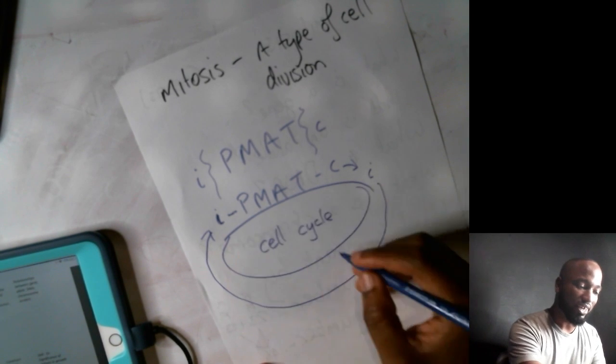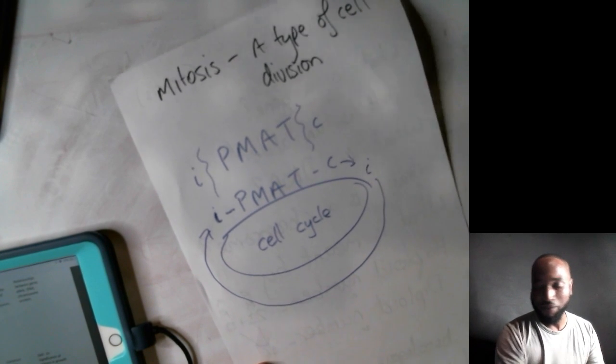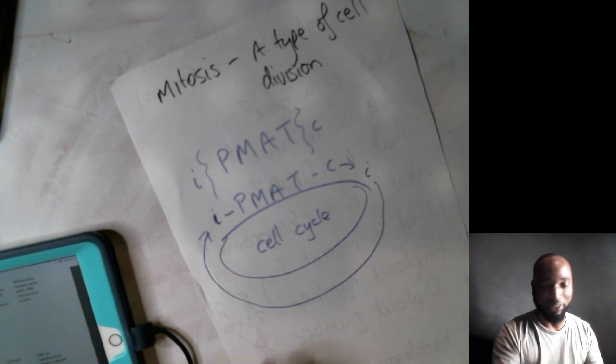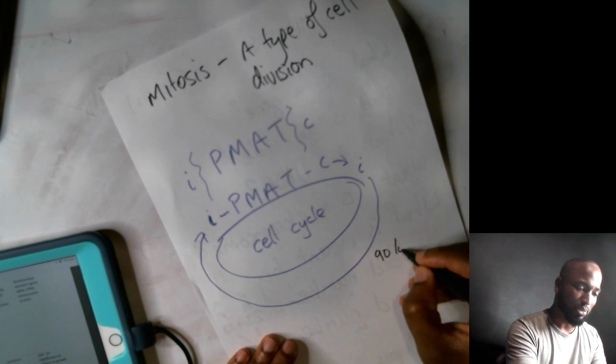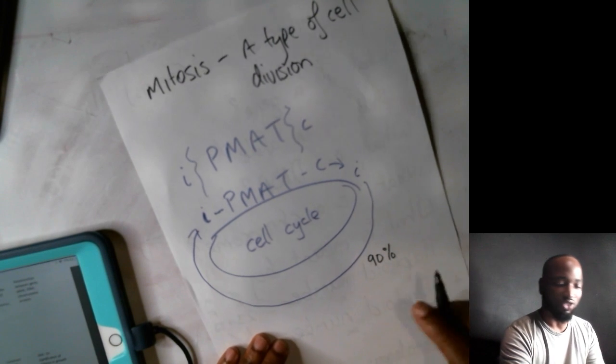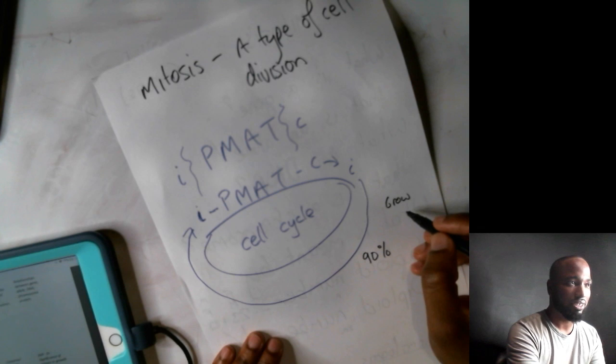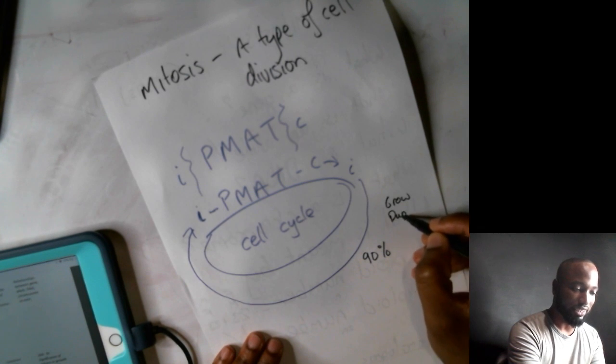If I remember correctly, and you all feel free to correct me in the comments, this takes place 90% of the time. This is what's going on most of the time. During this stage, the cell will grow. The cell will start duplicating the chromosomes.